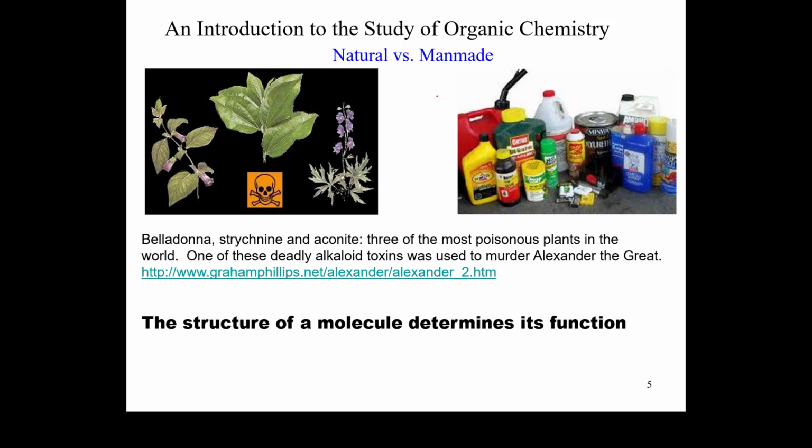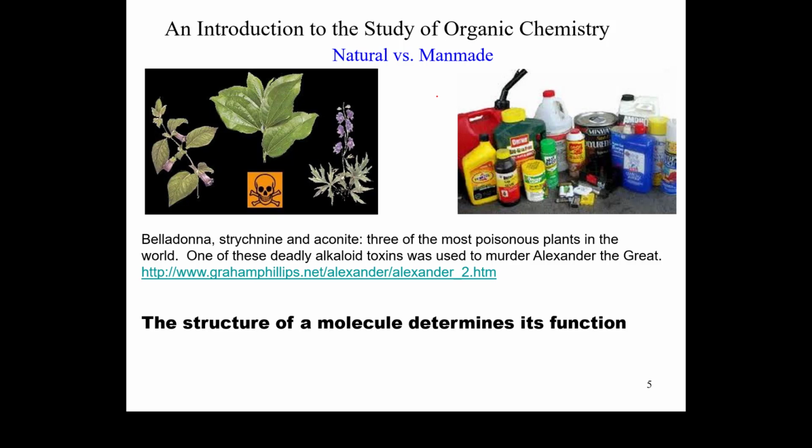These three are very poisonous plants, and they are organic compounds that will kill you. Just because something is natural, and organic, does not mean that it's necessarily good for you. So it's very important to truly understand the difference, or lack thereof, between natural and man-made or synthetic. Again, strychnine is natural, but I'm not going to ingest it.